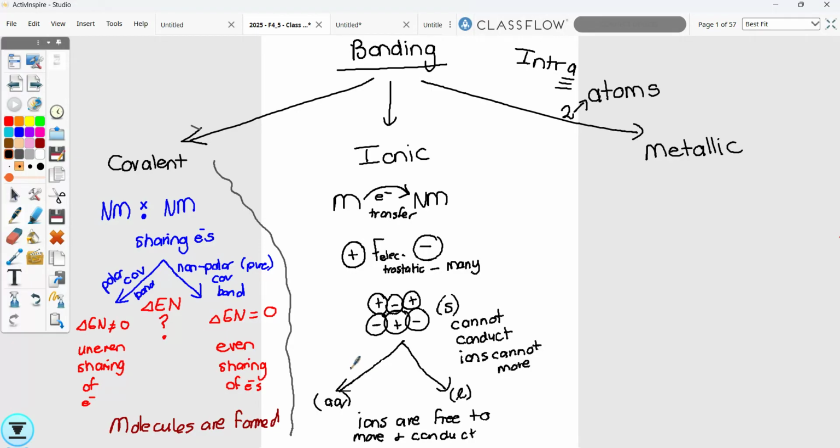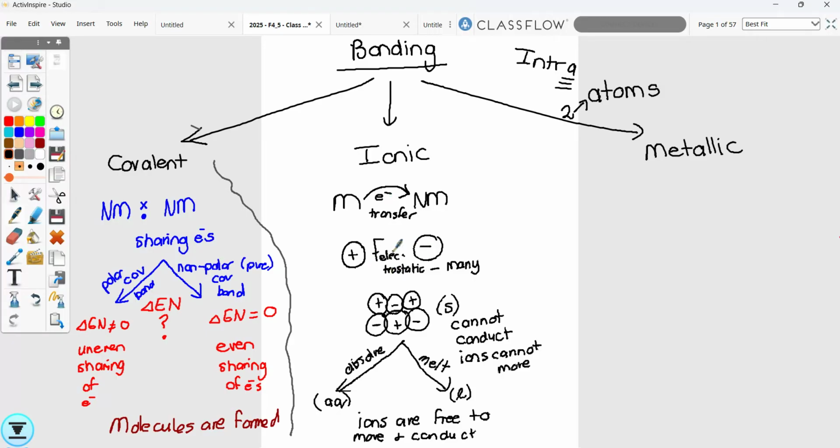Okay, so to get aqueous, you're going to dissolve, and some people also did remind us that this dissolving is actually the dissociation of ions, or you can melt them. And that's all you need to know about an ionic substance.